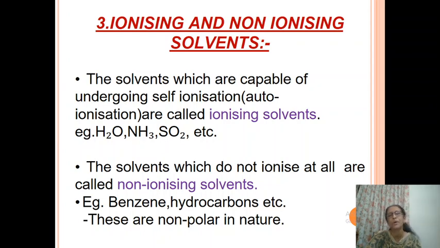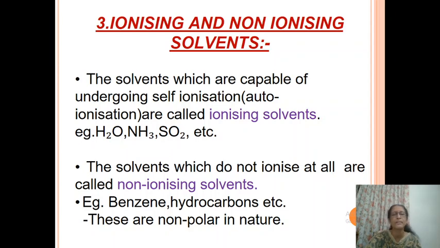Ammonia undergoes auto-ionization to produce ammonium ion and amide ion. Similarly, SO2 undergoes auto-ionization to produce SO2 plus ion and SO3 2 minus ion, etc. So they undergo ionization.